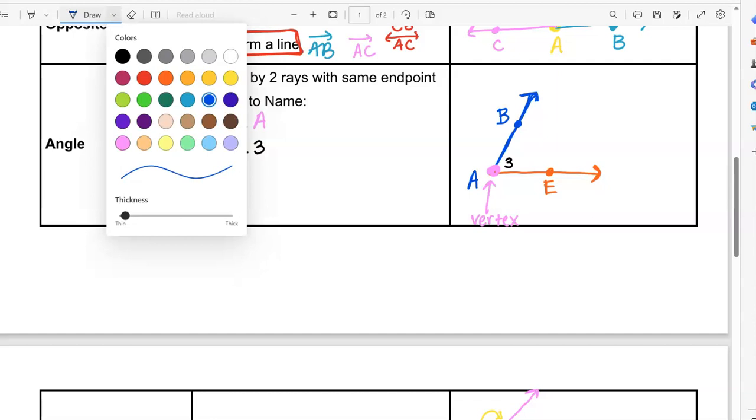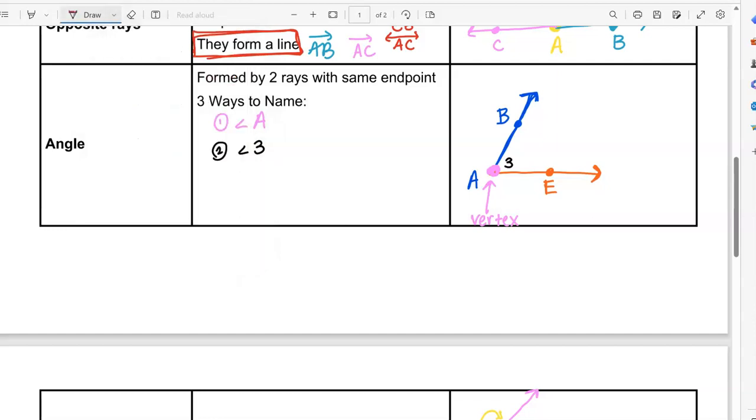The third and probably the most important way to name an angle is with 3 letters. All right, and with 3 letters, the vertex must be in the middle. Very important.